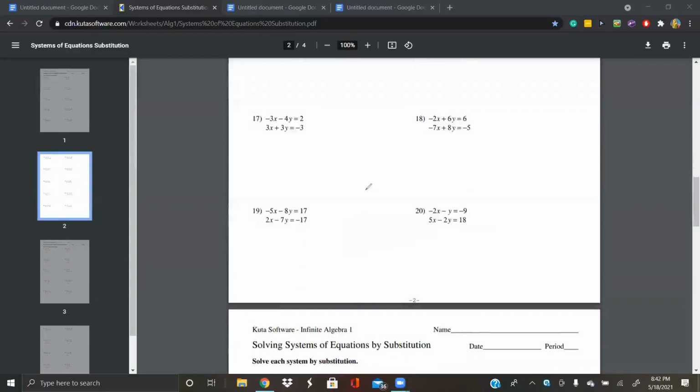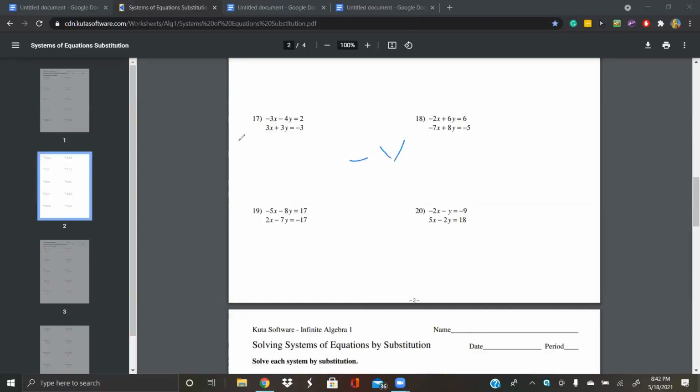So first, we have to create a slope-intercept equation. So we'll use this problem right here. What we're going to do first is add 2x on both sides.